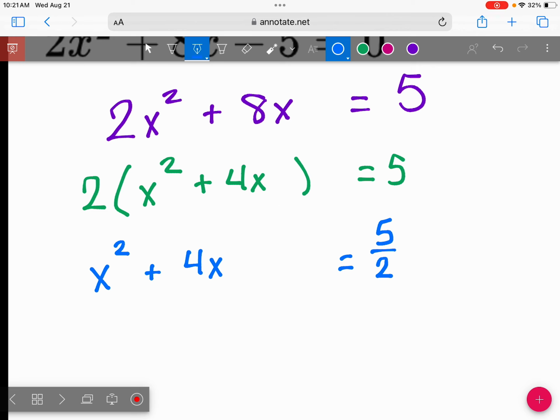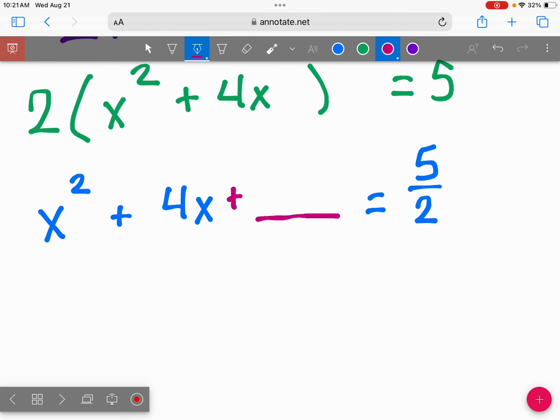So now we're going to look and see what would need to be here in order to make this a perfect square trinomial. So ignoring the 5 over 2 entirely. He's not involved in the process. He's in the way and just ugly. This is where we take our b over 2 and then square it. So 4 divided by 2 is 2. 2 squared gives us 4.